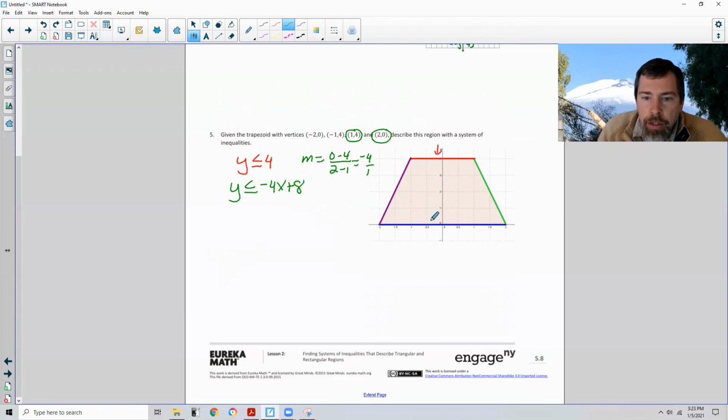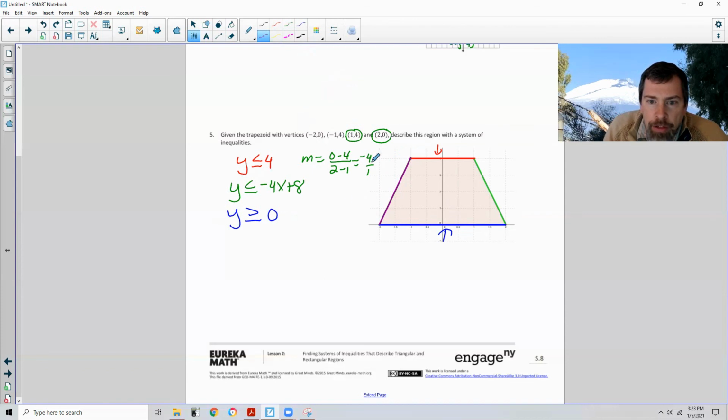Alrighty, so moving along, the blue line. The blue is a horizontal. That is going to be a restriction on the range again. And this time, we want to be above. So it's greater than or equal to, and this is the line, the x-axis, or y is greater than or equal to 0. And then finally, this line here in purple, we want to know what the slope is. Well, it's up 4 over 1.